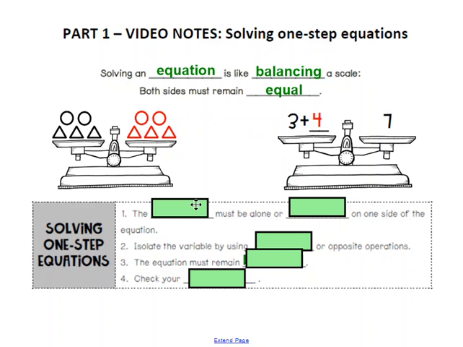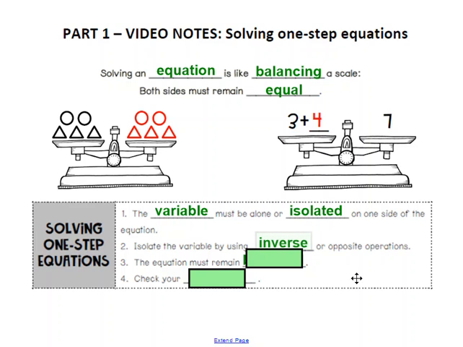Now there are a few steps to get us going here. The first step, the variable must be alone or isolated on one side of the equation. You're going to see some examples shortly, and our goal will be to get the variable all by itself. That'll help us solve for it. The second step, we want to isolate the variable by using inverse operations, or sometimes we just say the opposite operation.